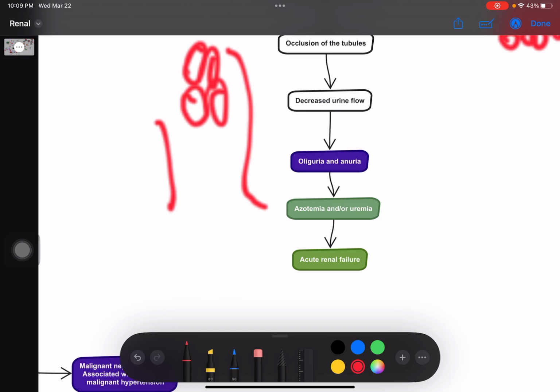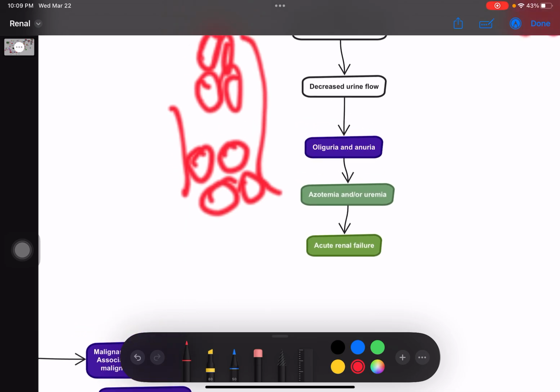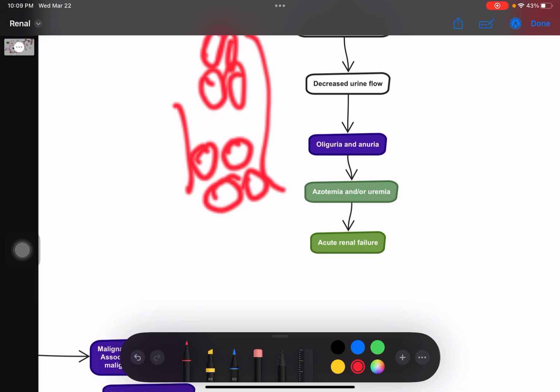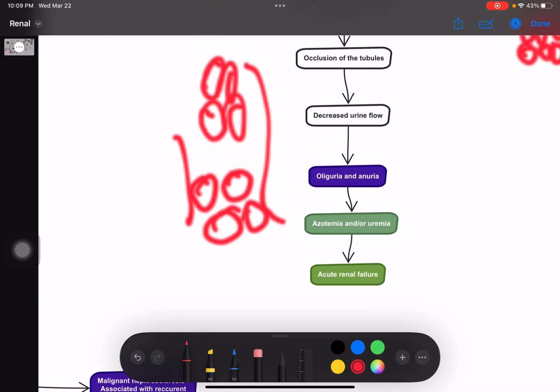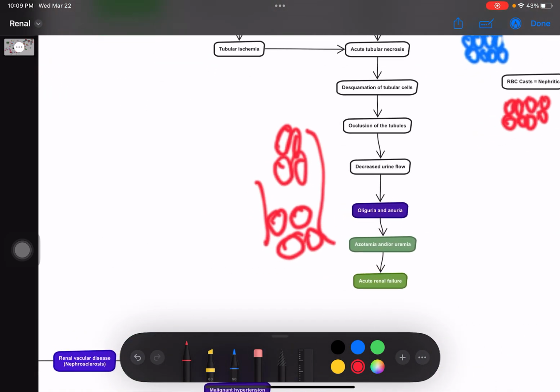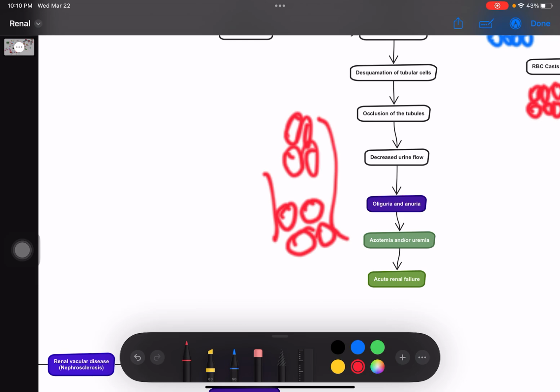And/or. So if there's an obstruction of the tubules and the urine is not, so basically if there's decreased filtration, and filtration is going to be decreased due to less blood supply, and also with the occlusion of the tubules, so urine will not be able to pass in the tubules, right?